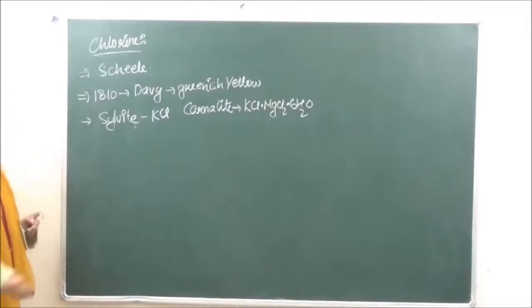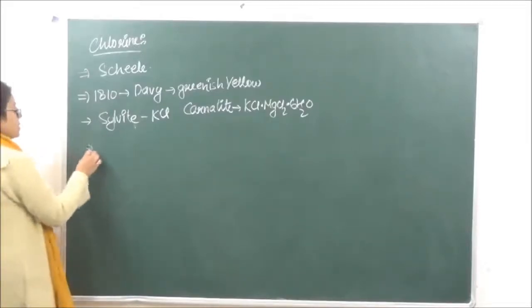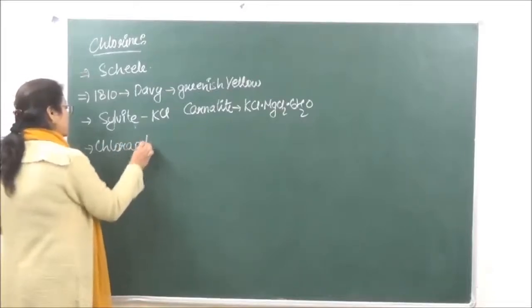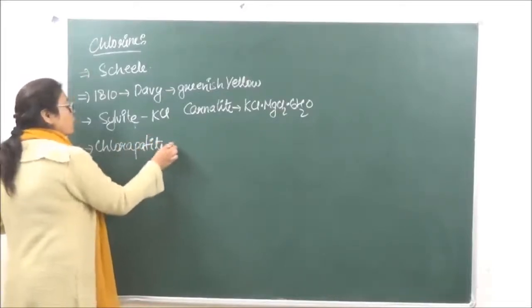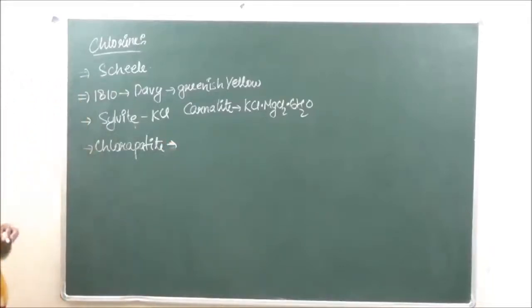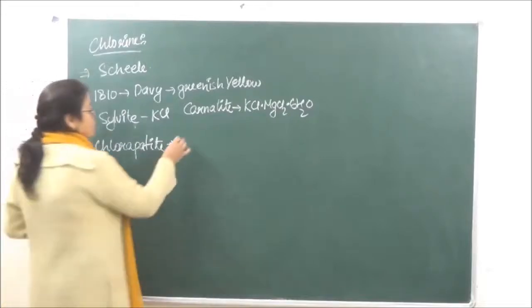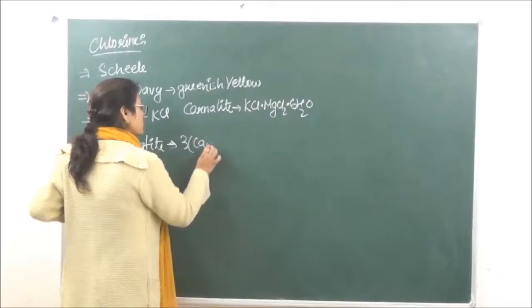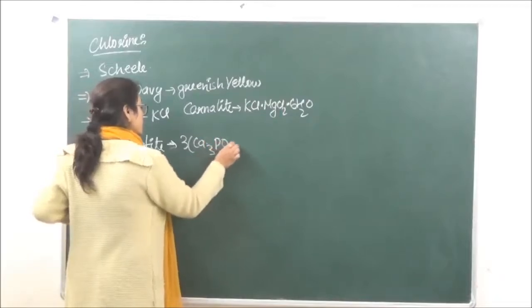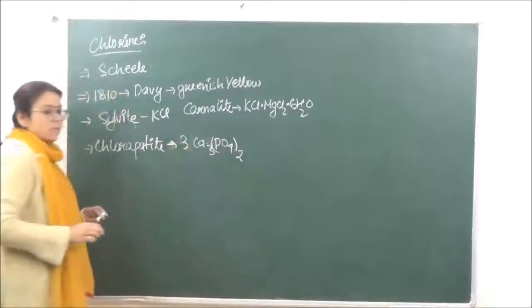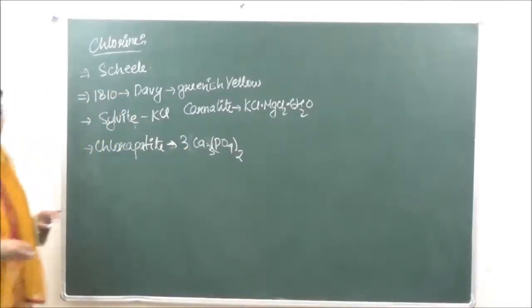Okay? Then we have chlorapatite. This has both chlorine as well as phosphorus. So it is calcium phosphate.CaCl2. Okay.